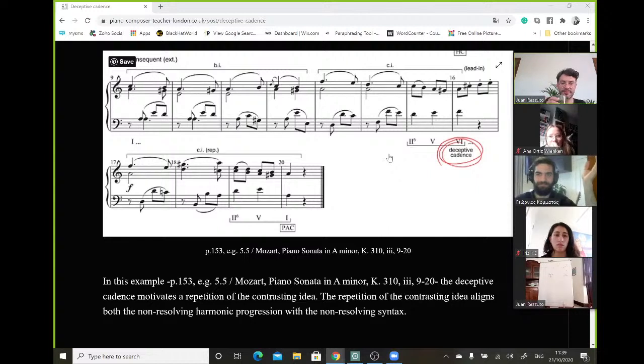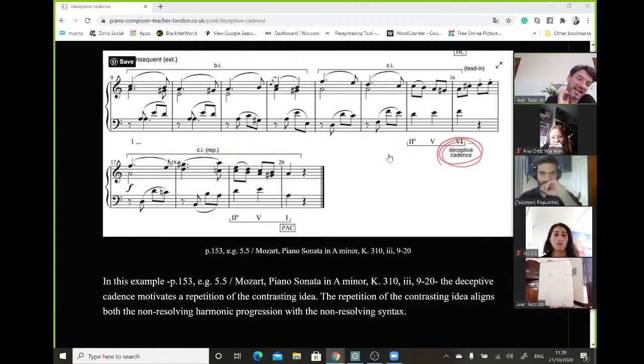Let's try. Exactly. And that reinforces the idea that it's a very easy passage to spot, yeah?